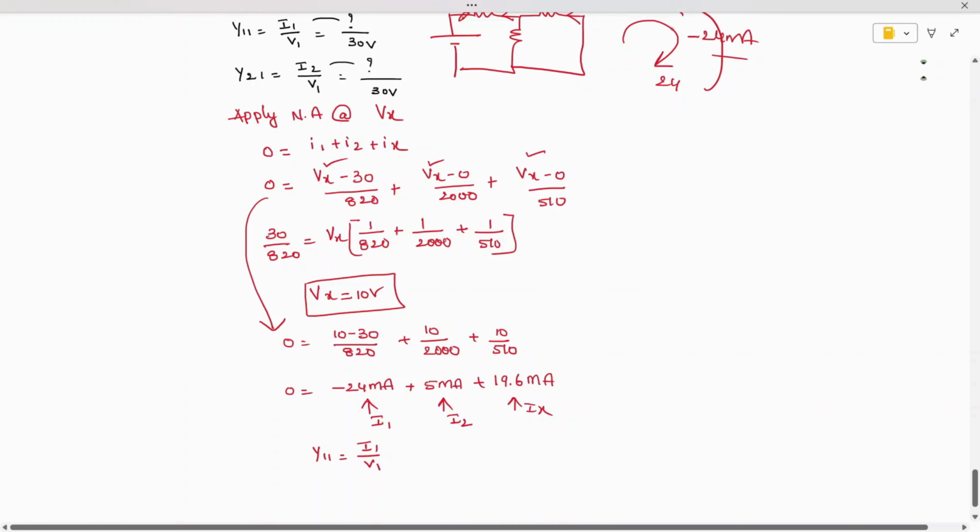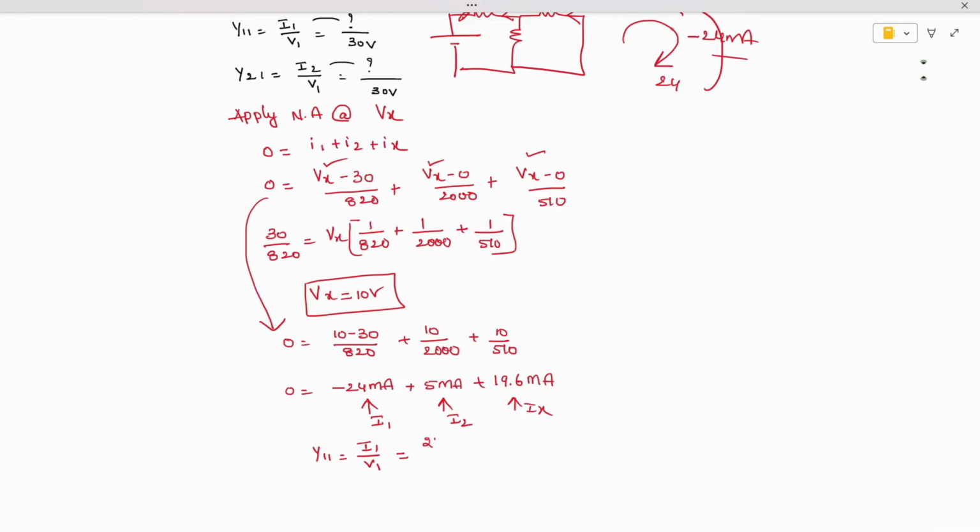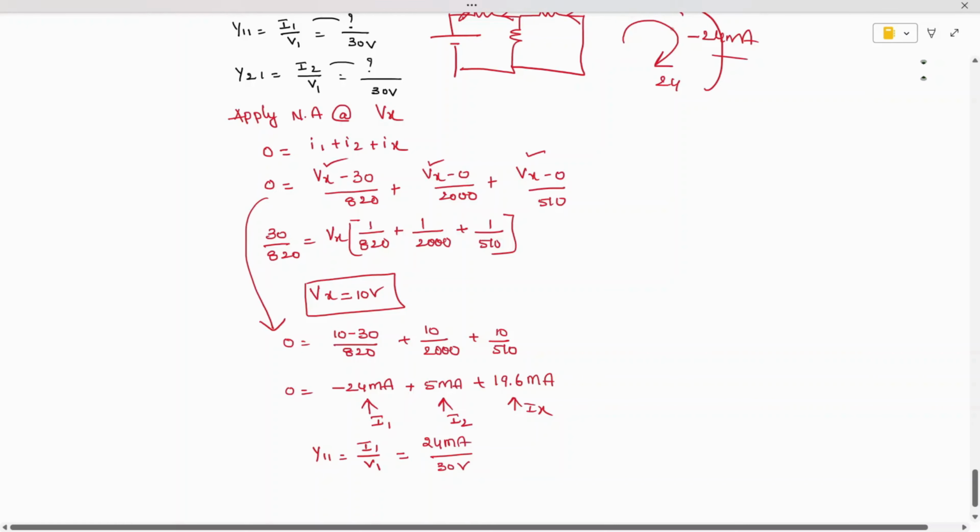So therefore y11 is equal to I1 by V1. So I want the value of I1 which flows in forward direction, which is 24 milliamperes divided by V1. How much I applied is 30 volts, and I want the value of y21 is equal to I2 divided by V1.